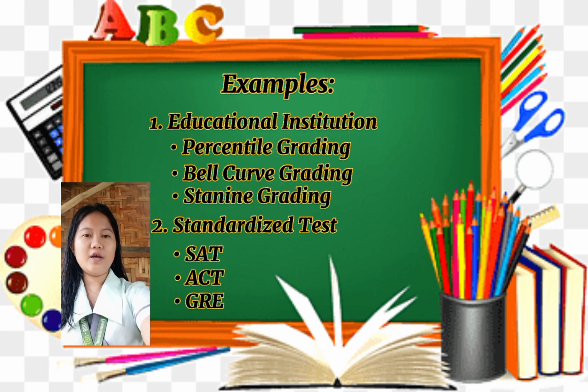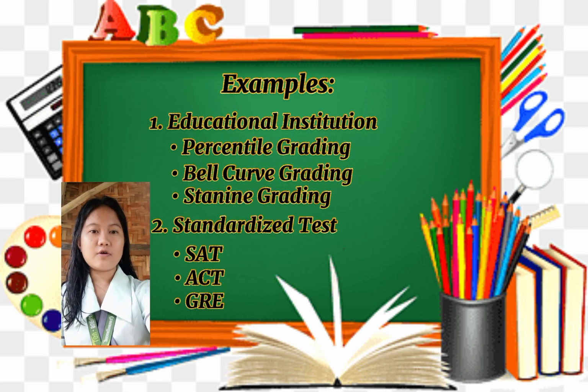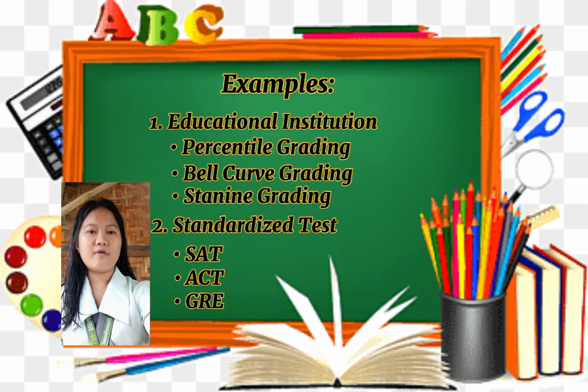And in the GRE, scores are normalized to ensure consistency across test administrations. So these examples illustrate norm reference grading in various contexts, emphasizing relative performance rather than absolute achievement.